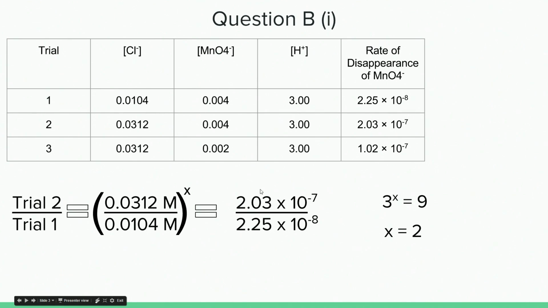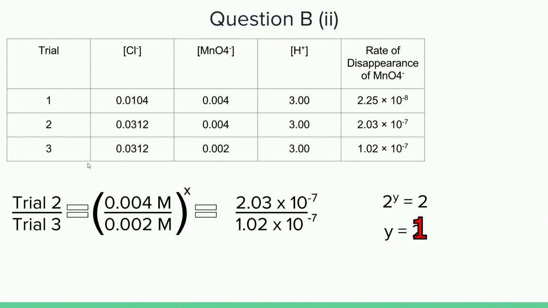Trial 2 was 2.03 times 10 to the negative 7th and trial 1 was 2.25 times 10 to the negative 8th. If you simplify that, you get 3 to the x equals 9. That's pretty simple math: 3 squared equals 9. So x is 2.